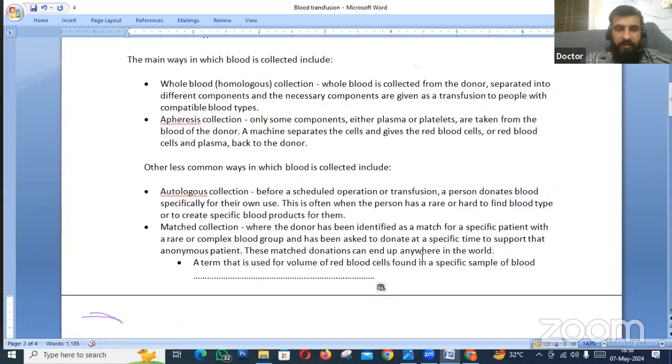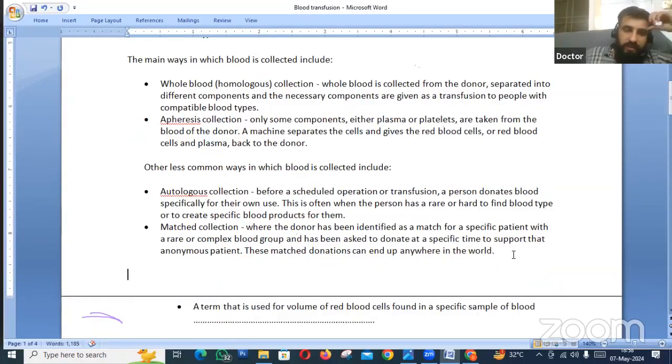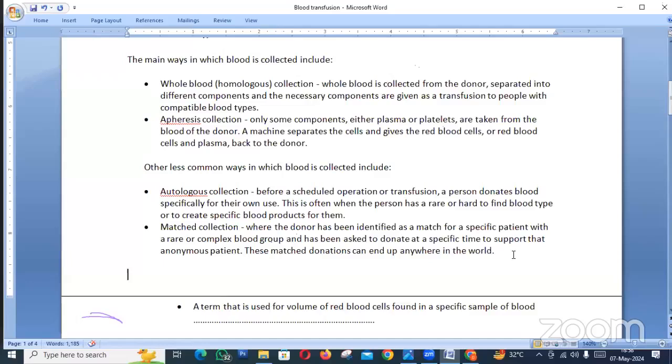Try to find your keyword. The last one at the end is the question. Can you match your keywords here just quickly? Sir, first one, homologous. The term.